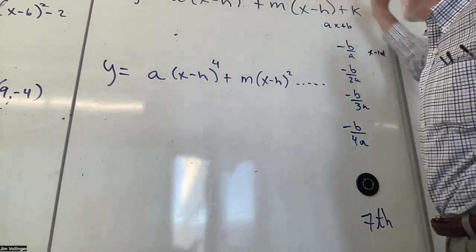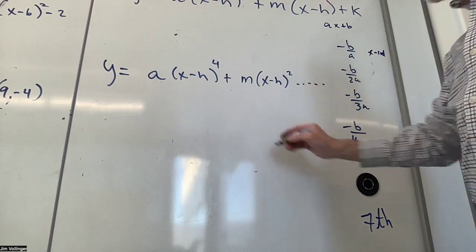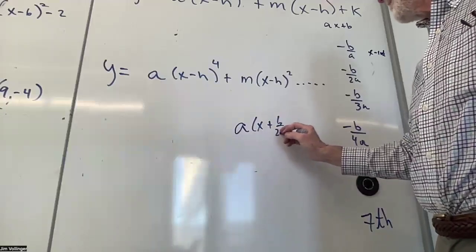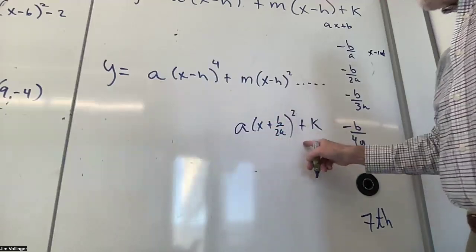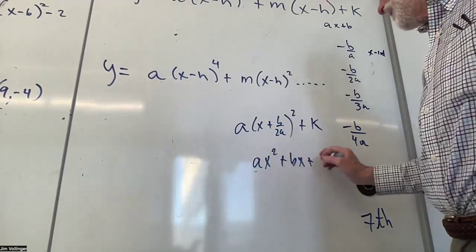That's one term. If you use -b/2a, the graphing form, I guess I'll write it again. The graphing form, if we write b/2a here, and we use -b/2a, well, that's 2 terms instead of 3. ax squared plus bx plus c. Right?